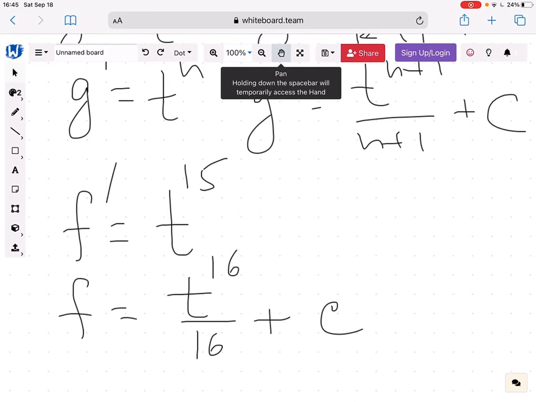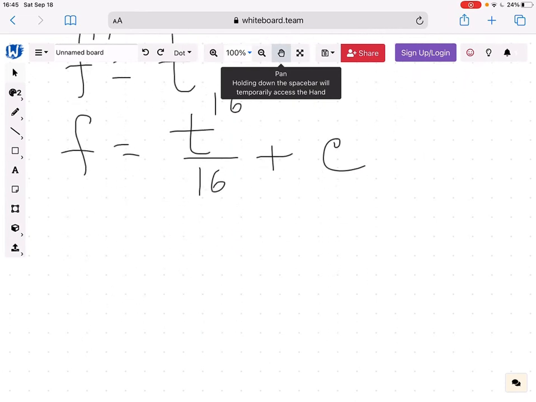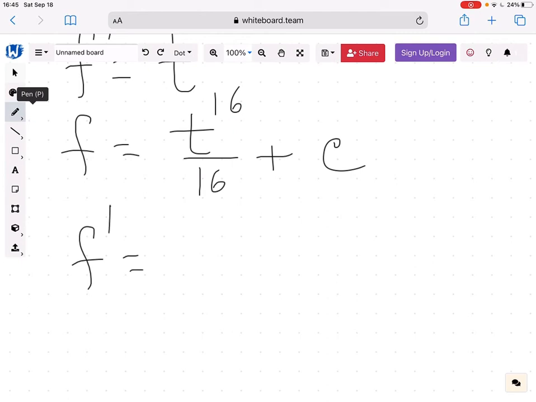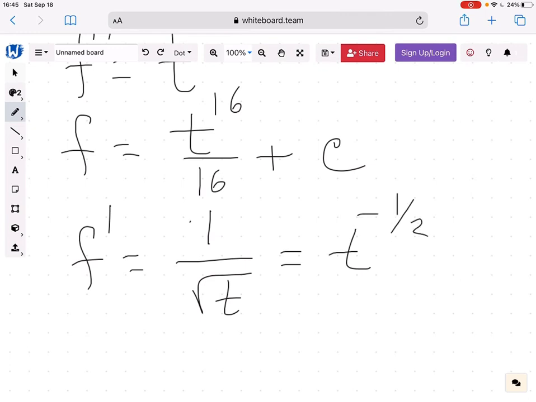Again, that power doesn't have to be an integer. It could be anything. If somebody tells you your f prime is, I don't know, 1 over square root of t, which is t to the power of minus 1/2.